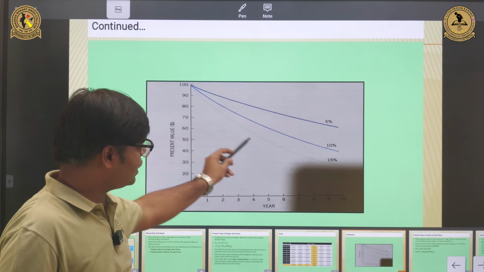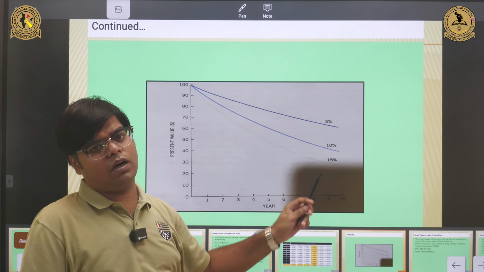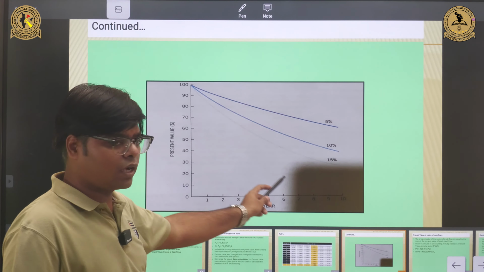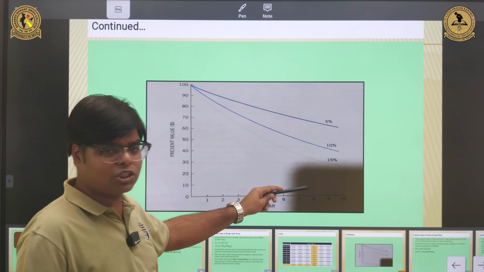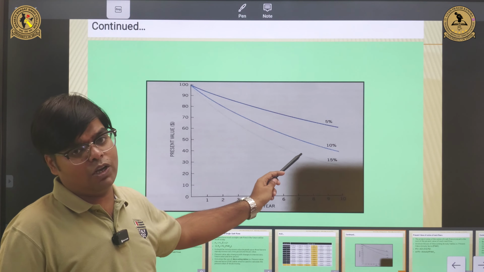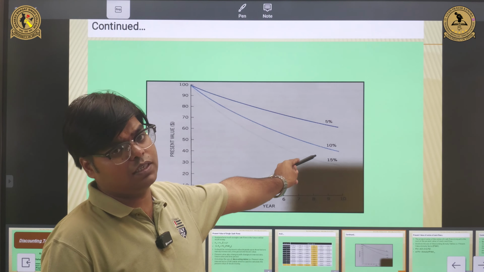Similarly, at a given interest rate, say 15%, the downward sloping curve highlights that with increase in the time period, the value declines, showing the inverse relationship between the time period and the present value of future cash flows at a given interest rate, say 15% in this case.